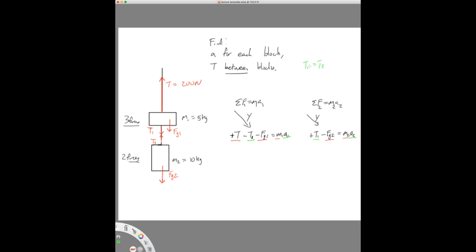And we have something similar going on with the acceleration. Anyone have an idea about the relationship between A1 and A2? All right, which acceleration do you think should be bigger, mass 1 or mass 2?